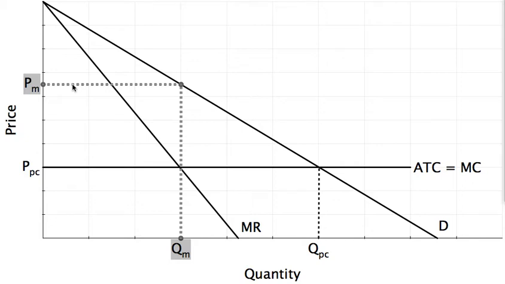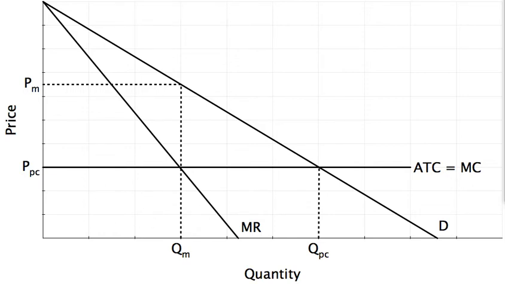Total cost is just average total cost multiplied by Q, which gives us the area below the average total cost curve, up to QM. All right, so the entire rectangle bounded by QM and PM is total revenue, and the entire rectangle bounded by average total cost and QM, this bottom part here, is total cost.